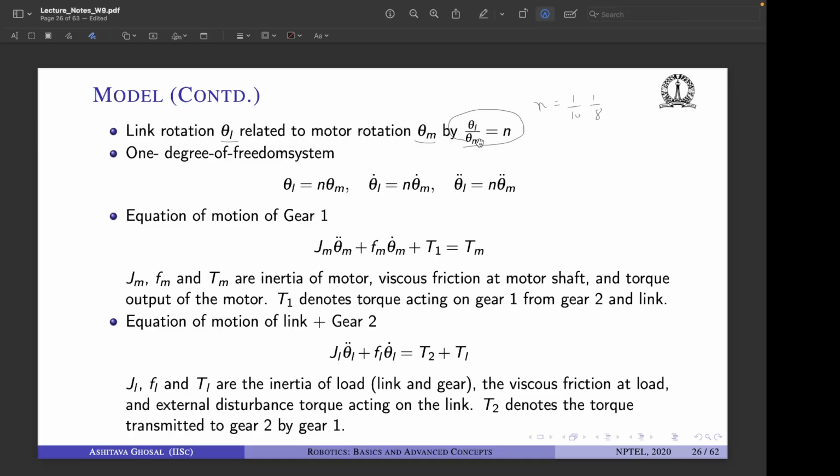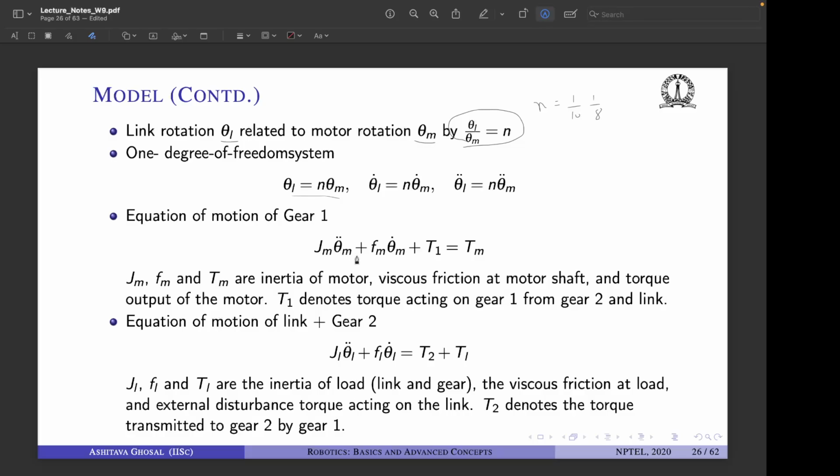So we see that if theta m is multiplied by n, then theta l is of course less than theta m. So let's say if the motor moves by 30 degrees and if the gear ratio is 6, then the link moves by 1/6 of the motor's rotation, so it will move by 30 by 6 degrees, that is 5 degrees, right? So these are the relations between the motor quantities and the link quantities.